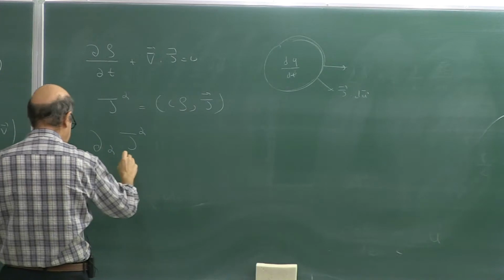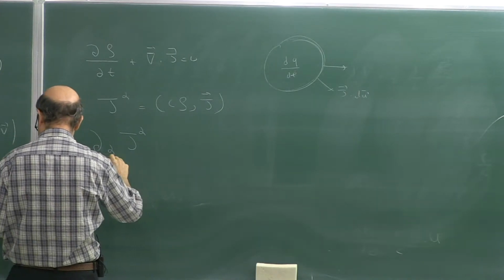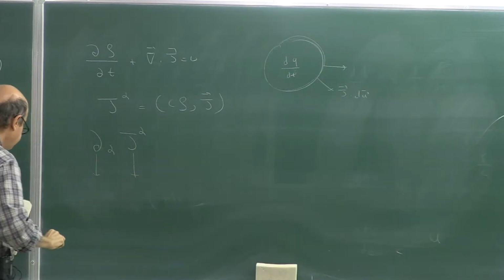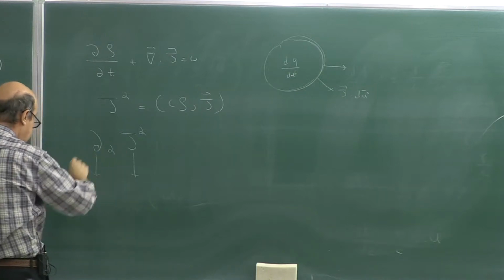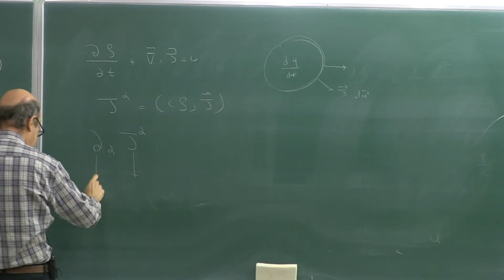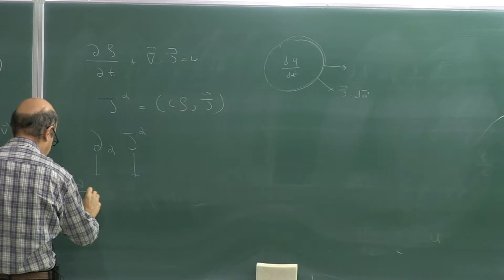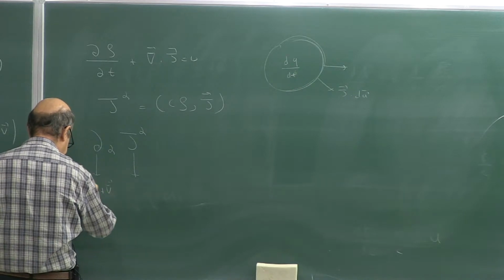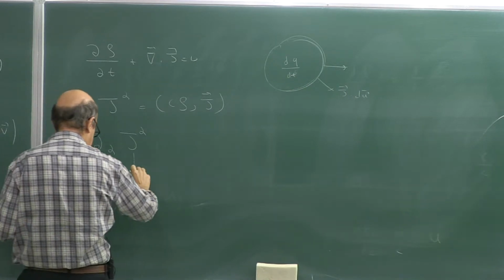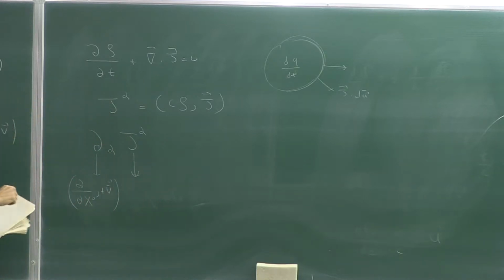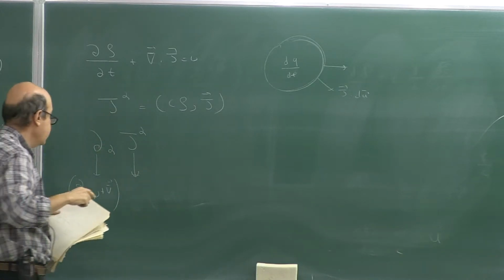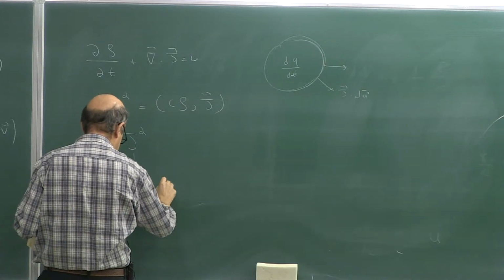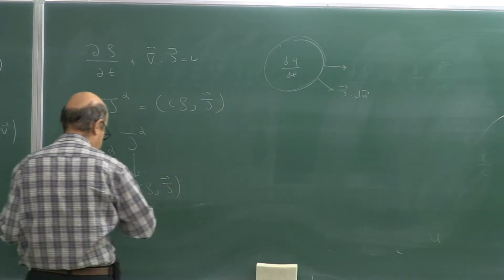So the situation is the following: when the index is up and when the index is down, so one is contravariant, the other is covariant. So this is nothing but del over del x0 plus a gradient, and for the other one, for the contravariant current density, this is nothing but c rho times current density.